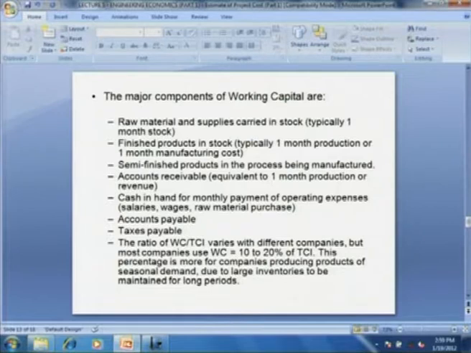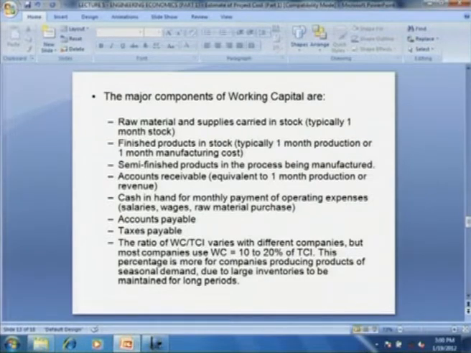The people who buy your product may not be able to pay the money immediately, so you have to keep the accounts open for them, like you have to keep some margin for these receivable accounts. Then cash in hand for monthly payment of operating expenses such as salaries and wages of your personnel or raw material purchase. Then accounts payable, then taxes payable.